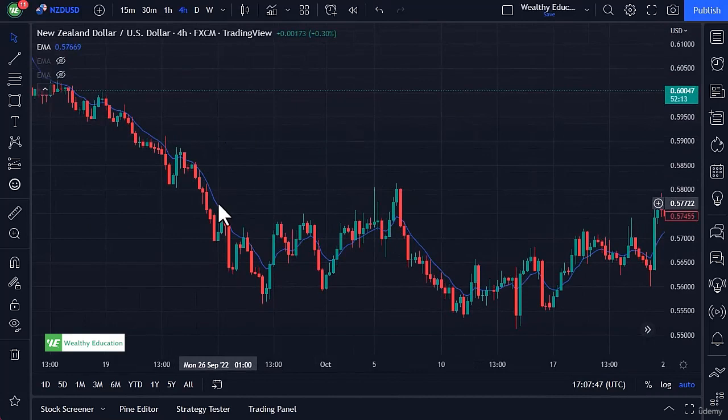Now, what this is would be a representation, like right here at this part, of the average price, in this case of the last 9 candlesticks. Now, it's an exponential moving average, so it's not a pure average. It places a little bit more weight on the calculation for the last couple of candlesticks. It just makes it move a little quicker.